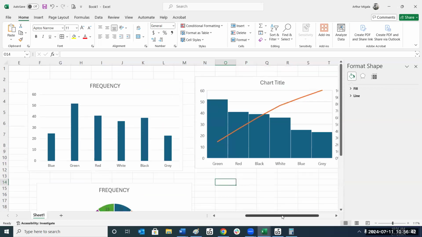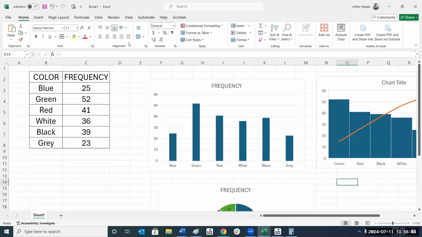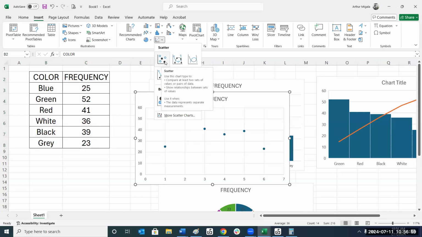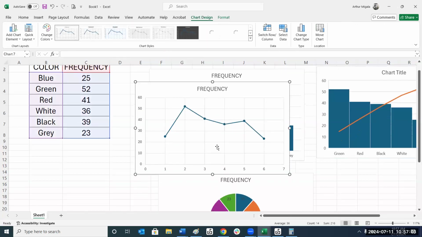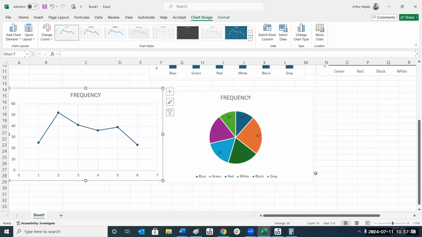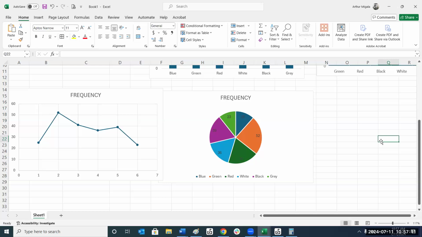Okay, what's the next type of graph you used? Let's look at a frequency polygon, or a line chart. There. That's a frequency polygon. Does that help us? Not really.